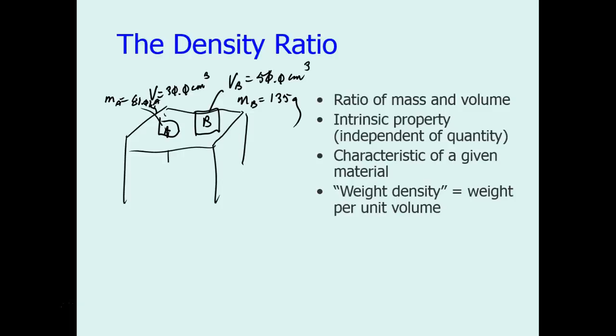All right. How would you determine that? What's the density of block A? What's the symbol for density? It's not a P, it's a rho. Rho of A would be, what's the formula for it?